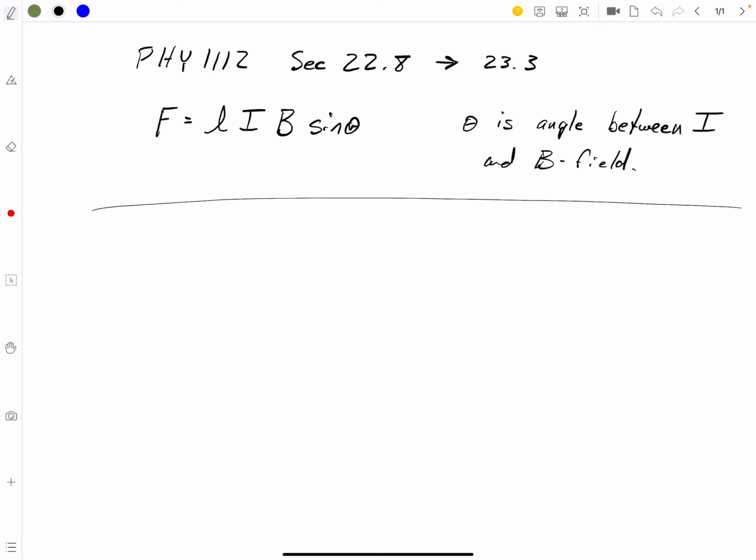Okay, so what we're doing now is torque on a current loop. So it's not super easy to see or draw. One of the best figures to see this, and you know what? I don't like writing torque because torque has this symbol.